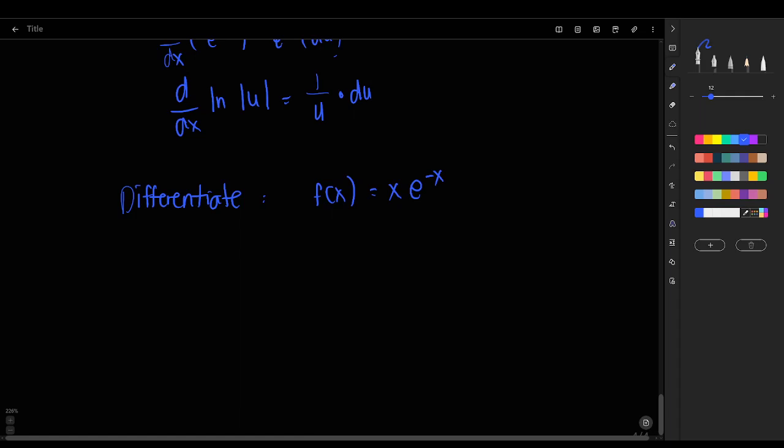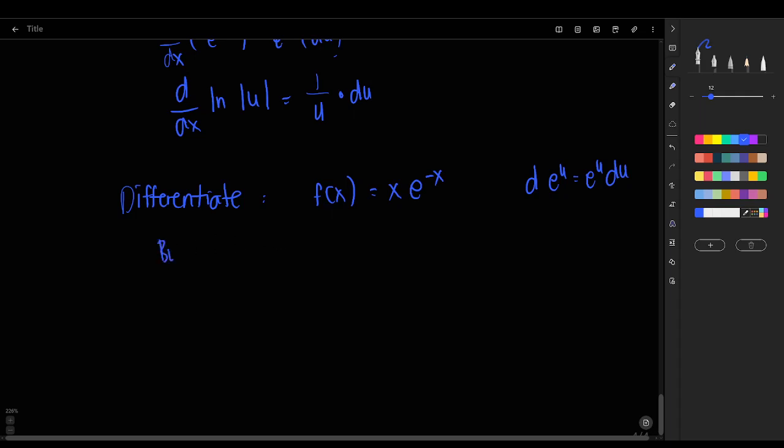So what we know is that the differential of e^u is equivalent to e^u du, right?